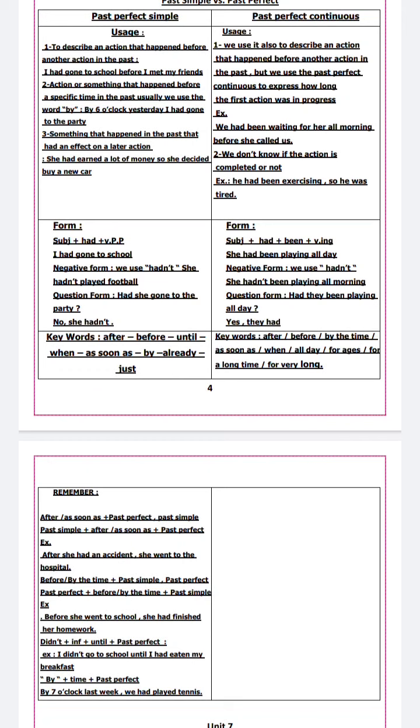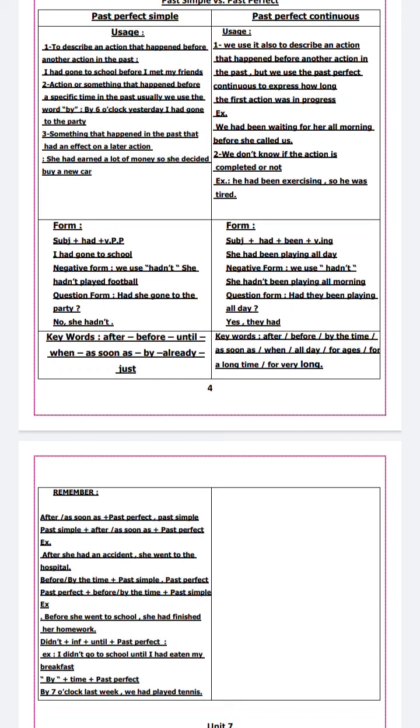So it also means that the second action doesn't exist without doing the first one. Like, she had earned a lot of money, so she decided to buy a new car.